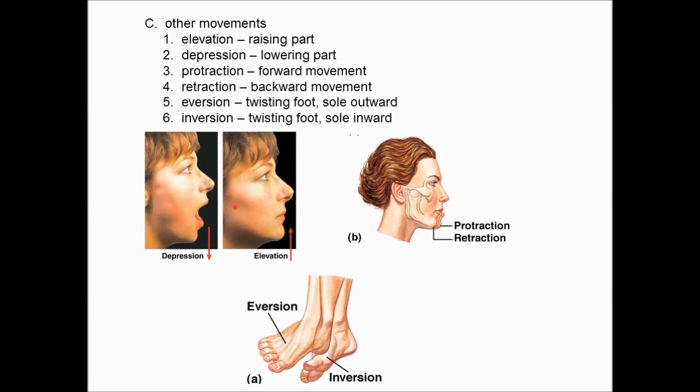We're going to talk about the temporomandibular joint. It's very flexible, but the jaw can also be moved forward or backward in order to chew our food. Eversion is a unique word that we use for our feet. When we evert them, we twist them so the sole is turned outward, as shown here, and inversion is inward.